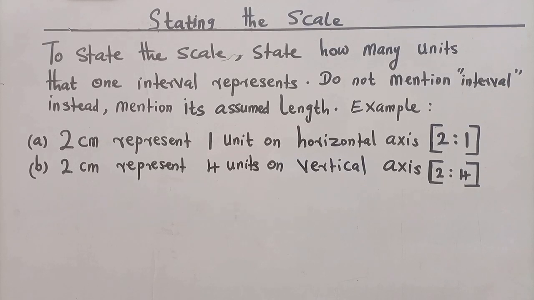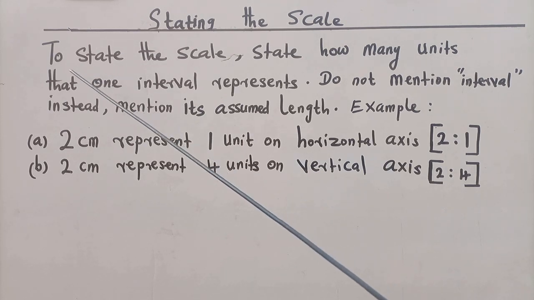Let's now turn our attention to how to state the scale after choosing it. Don't forget that we talked about choosing and stating scale. We just learned how to choose scale. Now let us learn how to state it, so that anybody seeing the work we've done on the graph can quickly understand what we have done, though we are not there.